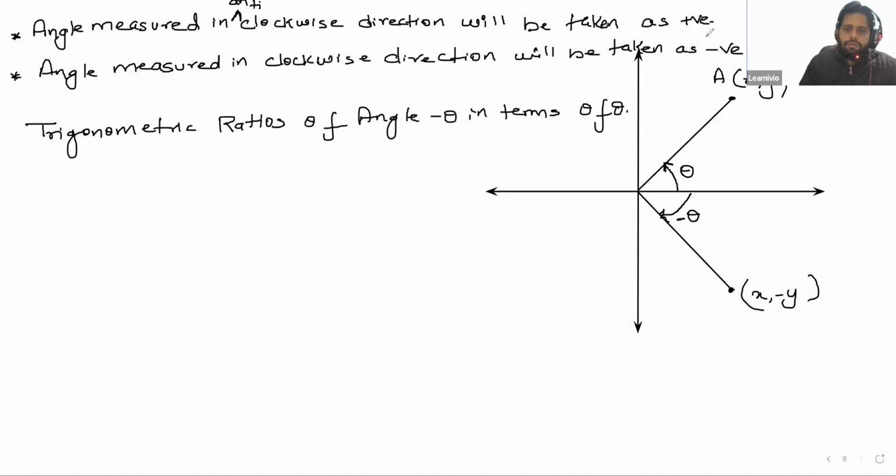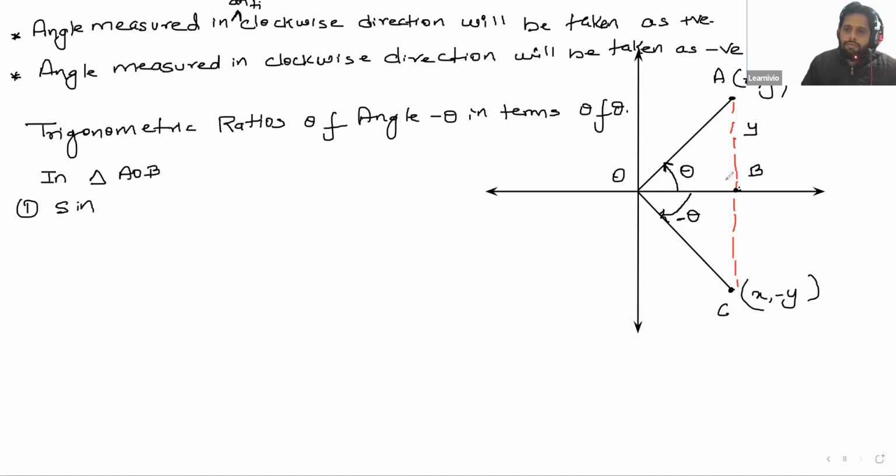Now we will draw a perpendicular, and from this point also we will draw a perpendicular. Let this point be B, this is O, and this is C. Now in triangle AOB, what is sine theta?